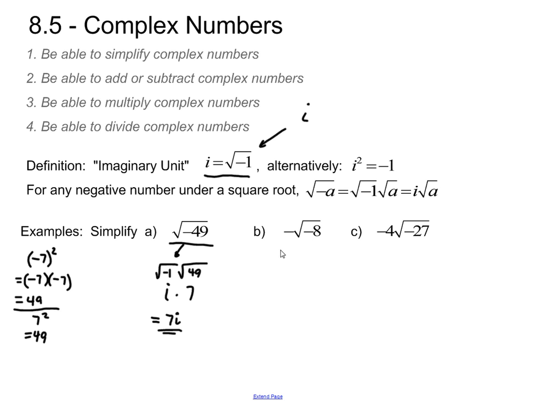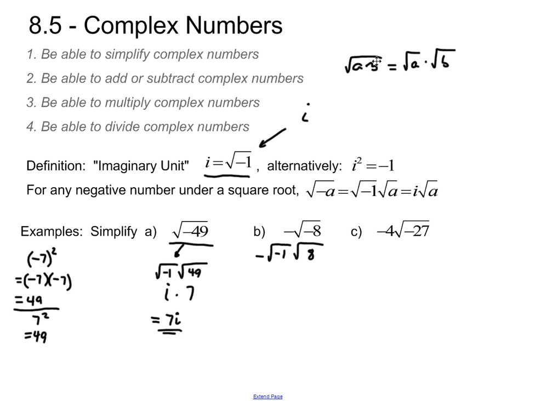So let's talk about it. The negative square root of negative 8 is going to be the same thing as the negative of the square root of negative 1 times the square root of 8. If we're using our rule, remember that if you take the square root of two numbers a times b, it is the same as taking the square root of a and multiplying that by the square root of b.